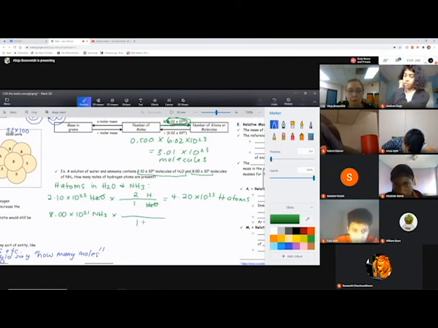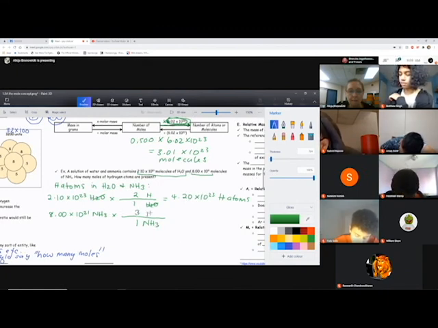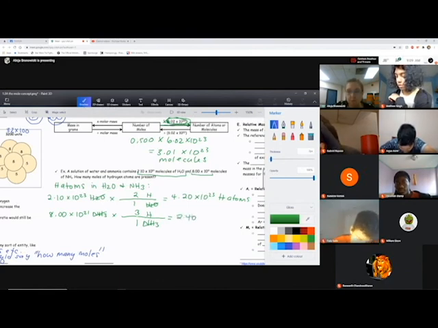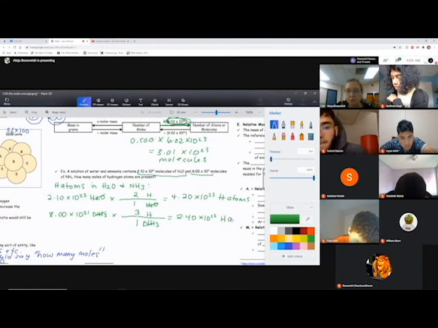So for 1 molecule of ammonia, I have 3 hydrogens. My ammonia cancels. So I have 2.40 times 10 to the 22 hydrogen atoms.